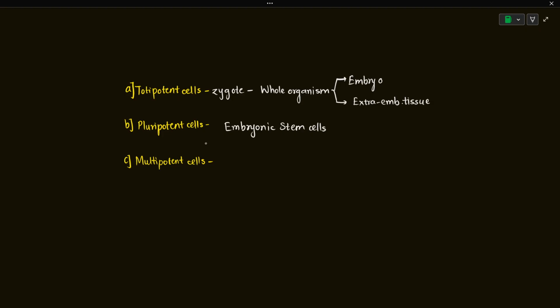So these are the cells that can differentiate into a limited number of cell types. That is why they are also known as adult stem cells.